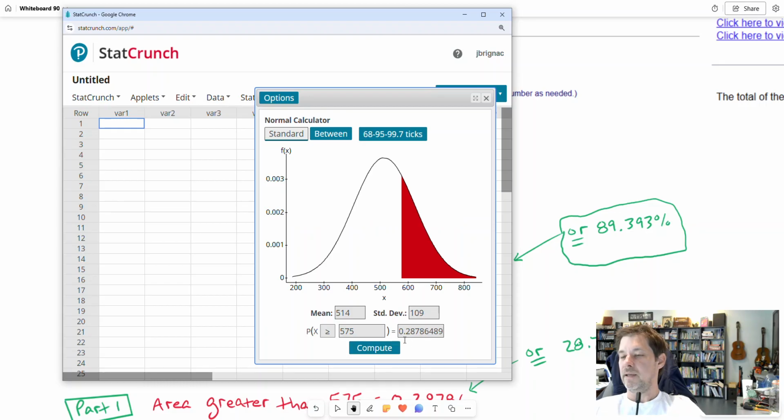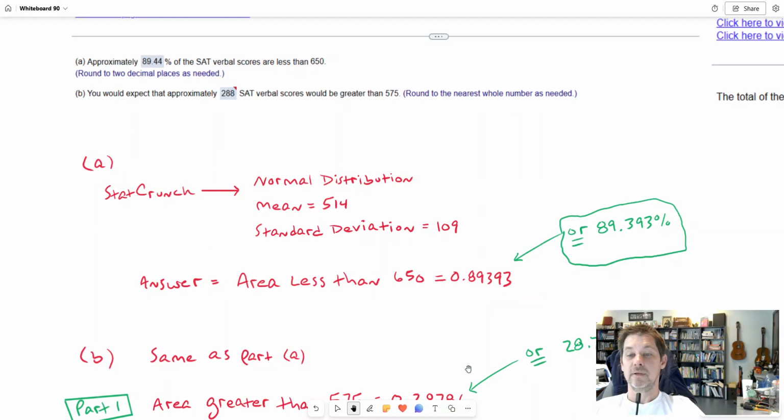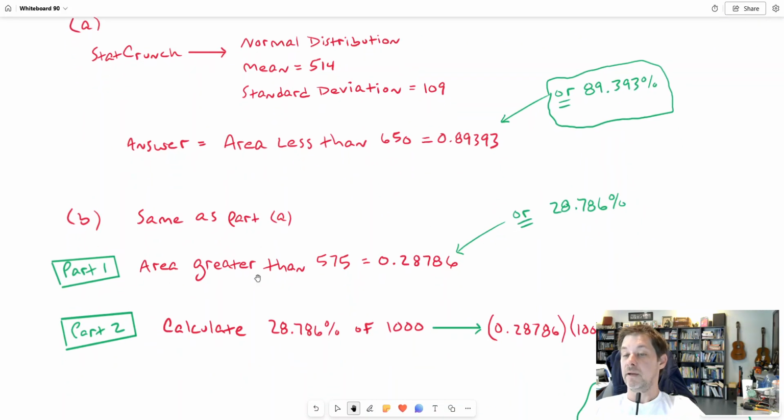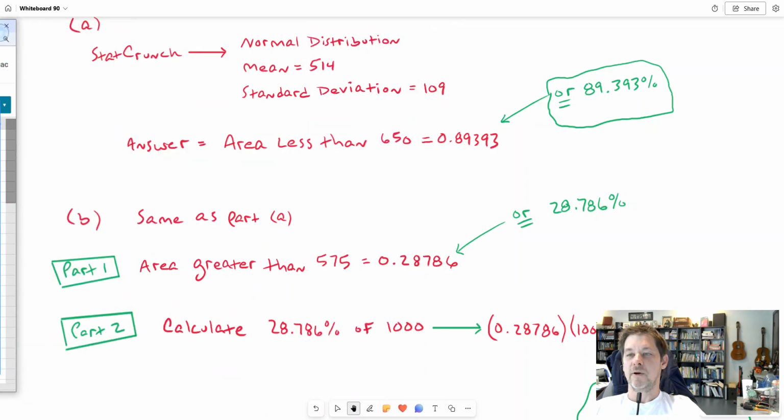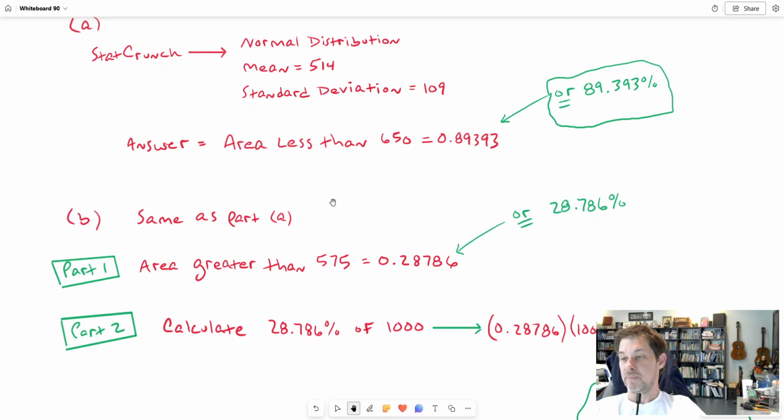Okay? And it gives me this number, 0.28786. So here's what we think about that. The area greater than 575, 0.28786, which means 28.786%. So going about it the same way that I did part A, you want to know how many students score greater than 575? 28.786%. That's how many, okay?